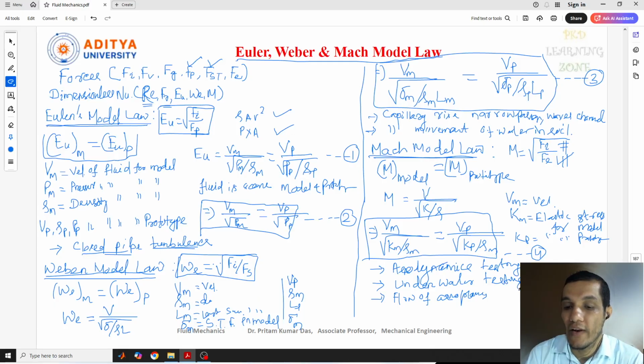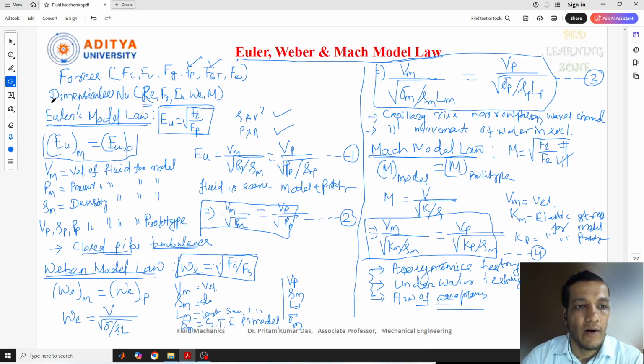That means the velocity of the moving body should be more than the velocity of the sound. So that we need to consider. So these are some examples. Actually, for each model law we have some examples. Anyway, I hope you understand this concept of the Euler model law, Weber model law, and Mach model law.